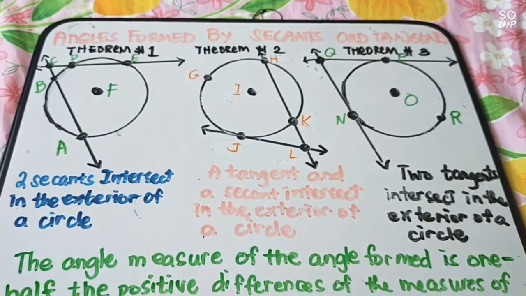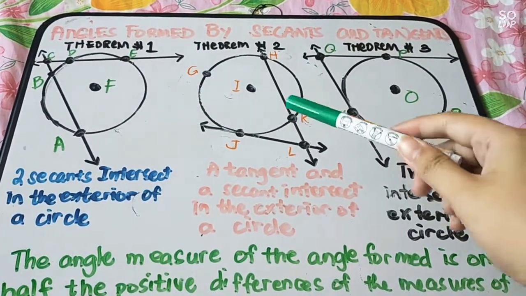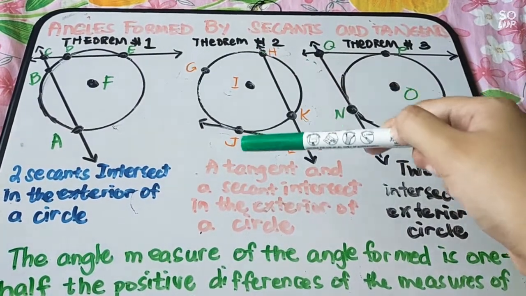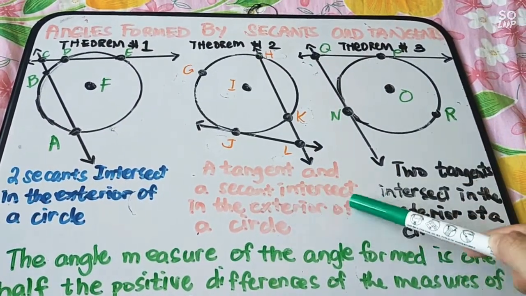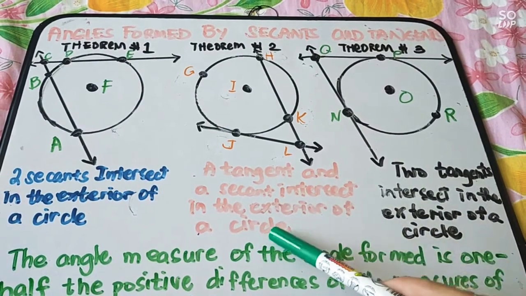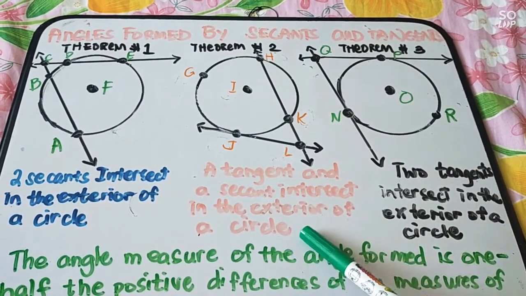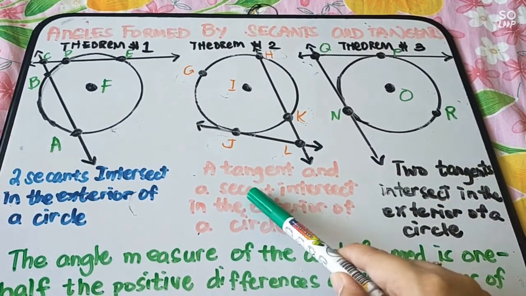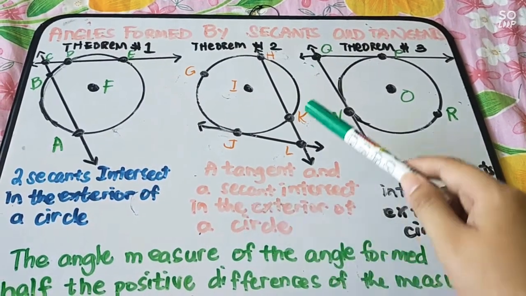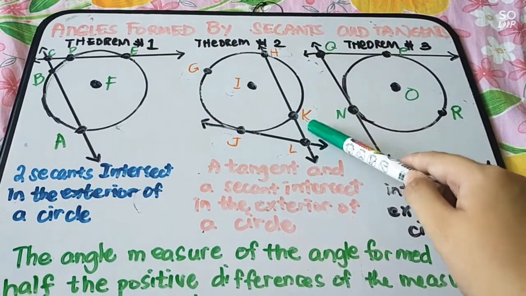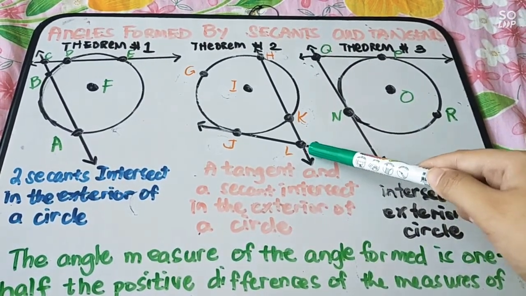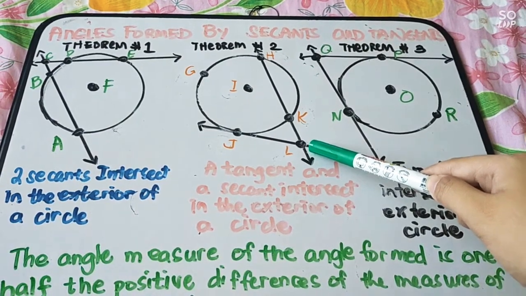Our second situation, we have here circle I. In circle I, we have a tangent and a secant that intersect in the exterior of a circle. We have a given tangent, which is line JL, and we have a given secant, which is line JK. They intersect at the exterior point, point L. Okay?